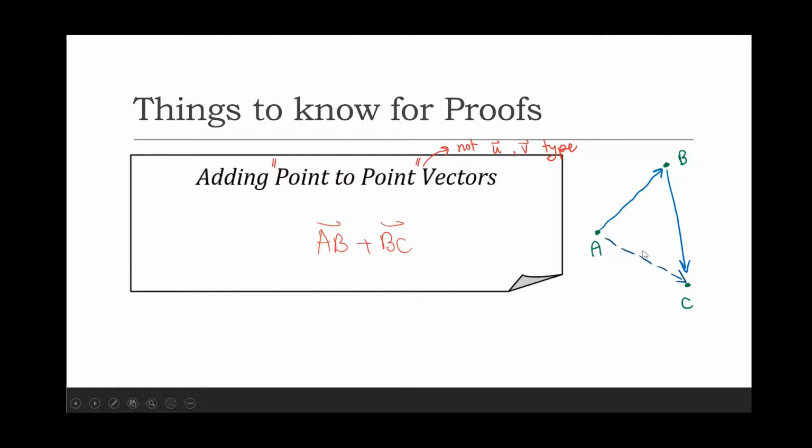So you start at A, end with C, so technically this can be collapsed together, or you can think of it as a shortcut. Instead of going from A to B, then to C, you can go straight from A to C. You can collapse them together as long as both of them are positive and the B on the inside matches. So in the end, this is equivalent to just saying AC. You don't have to actually see this picture to be able to do this collapse, okay?